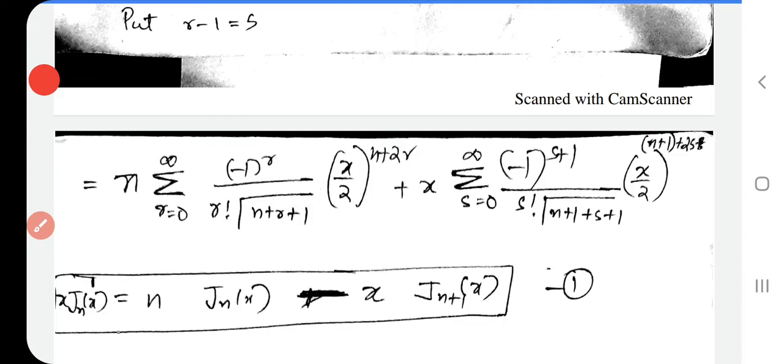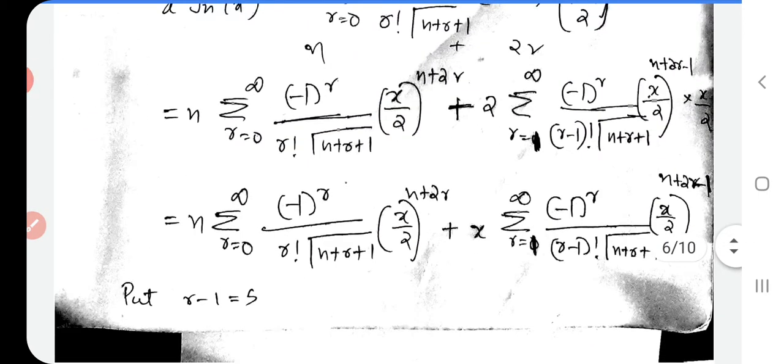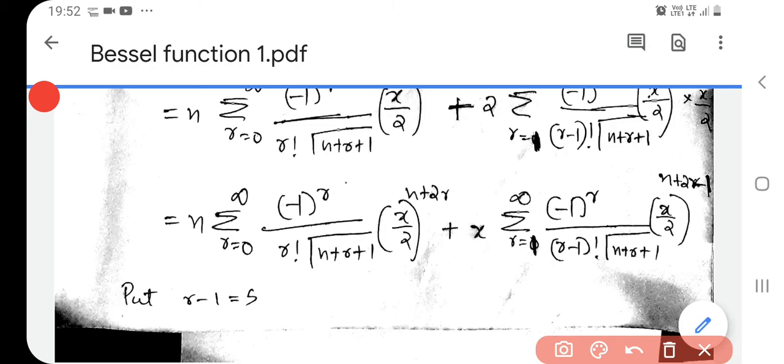We write x by 2 to the power n plus 2r minus 1, so we will get an x by 2 here.